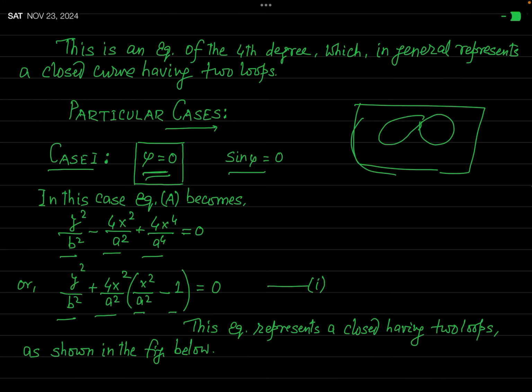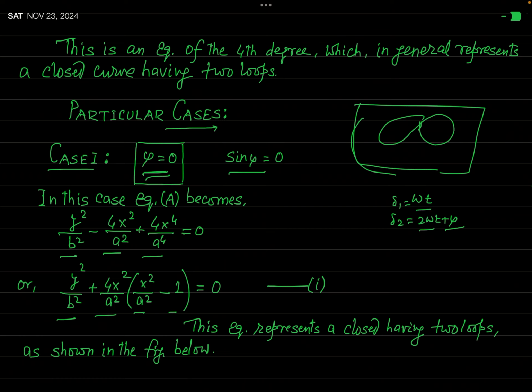Mark here, phi is not the phase difference between the two SHMs because at time t, the phase of the first SHM is omega t and that of the second SHM is 2 omega t plus phi. So when phi is 0, the phase of the second SHM is 2 omega t and that of the first is omega t.